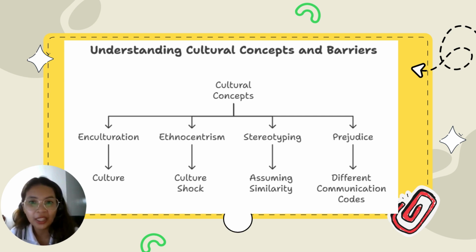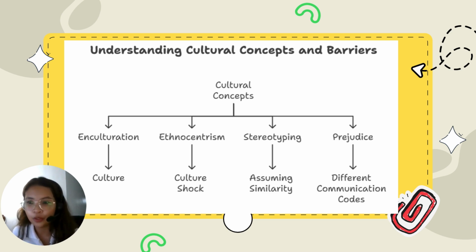So, stereotyping. It means oversimplified and generalized beliefs about a group of people. Stereotyping is about assuming similarity. So, example, you assume that all students who wear glasses are nerdy. Okay, so that is stereotyping. So, you assume similarity.